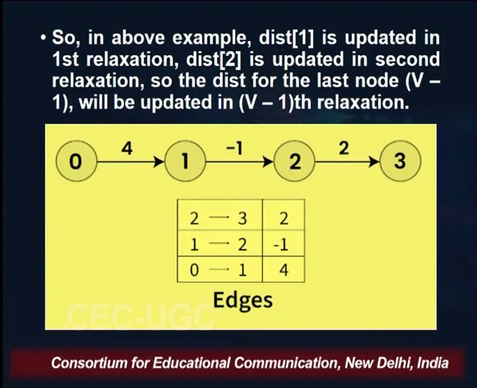So, we have 4 vertices and 3 relaxations: first relaxation for the node 1, second relaxation for the node 2, and V minus 1, which is 3 here, third relaxation for the node number 3. So, in this way we have taken V minus 1 iterations of the relaxation procedure, and now we are able to achieve all these shortest paths.